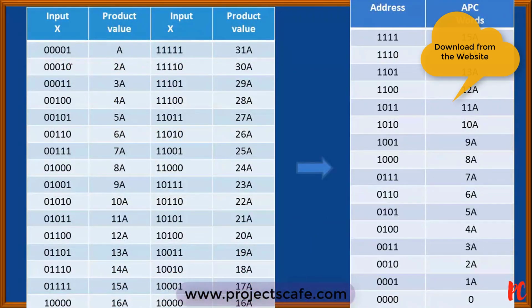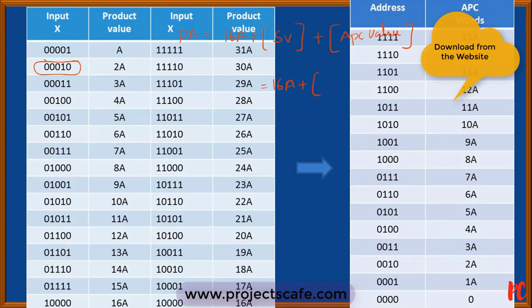Let me take the example of this factor, 00010. Now what is my product value? The product value is equal to 16A plus sign value times APC value.